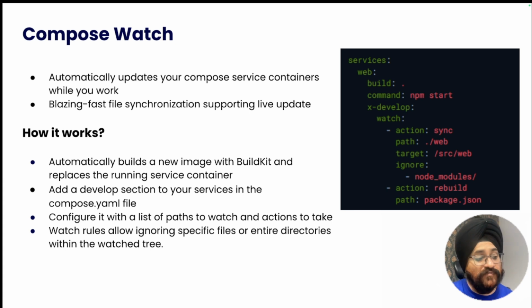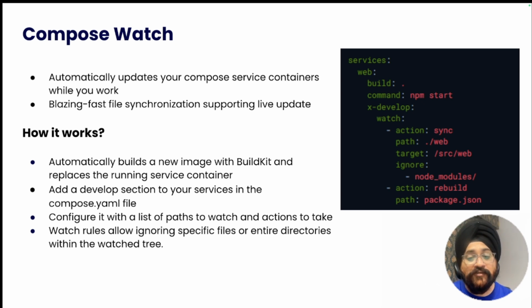Docker Compose file watch will help you save time, because whenever it sees that some change has happened in the source code, it automatically goes ahead and tries to rebuild the services based on the attribute which you have specified in the compose file. So Docker Compose watch works by monitoring the files in your project directory for changes, and when a file is changed, Compose will either rebuild, sync or restart based on the attribute which you have specified.